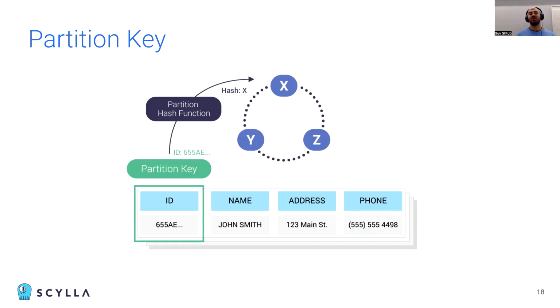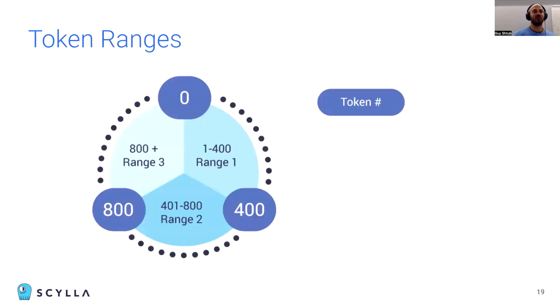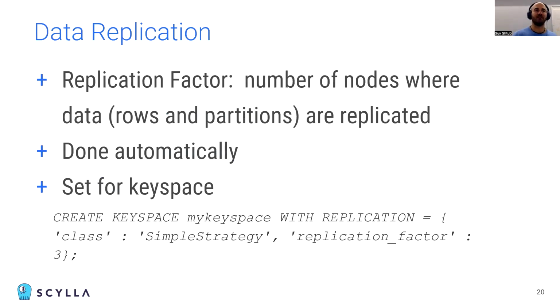It executes it on the partition key, and according to the value, it determines which of the nodes are responsible for this specific row or piece of data. Okay, so choosing the partition key is, of course, very important. And each node that we can see here is responsible for a set of token ranges. Okay, so this, of course, is a way to simplify it, but it helps to understand.